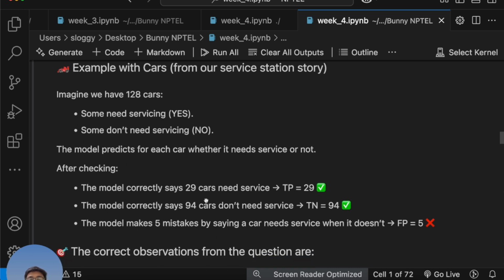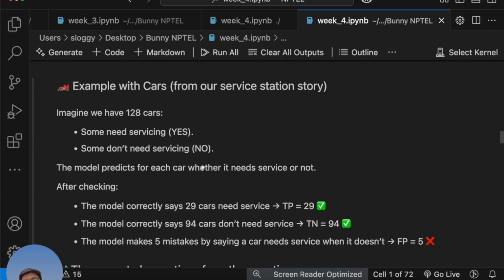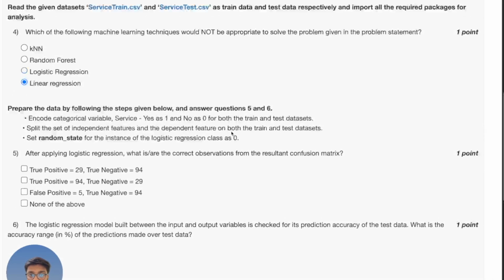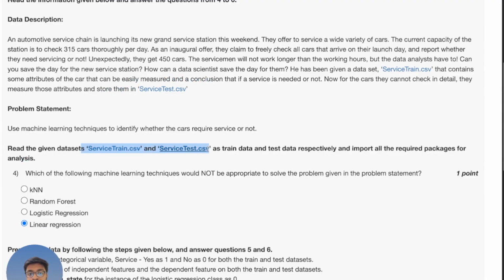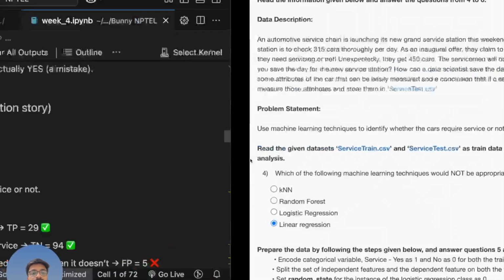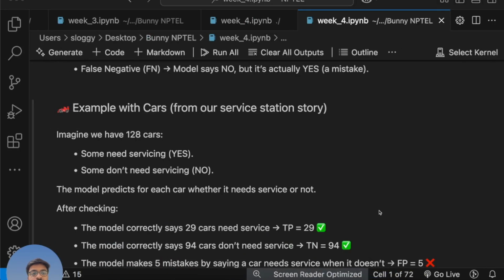This will correctly say 29 need services. It means we just need to analyze which cars need service and which do not, according to the data we have been given in service train and service test. According to both these tables, we can figure out what is going on.